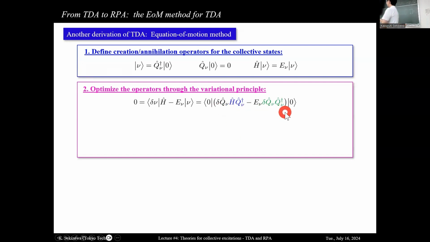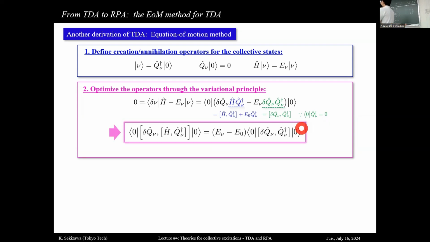Now, again, in the same way, this H Q dagger can be written as this commutation relation plus the ground state energy. And this latter part is similar. We can get this commutation relation because multiplying Q dagger to the ground state, it will be 0. And then we have this equation.